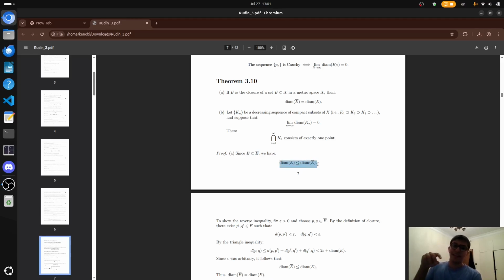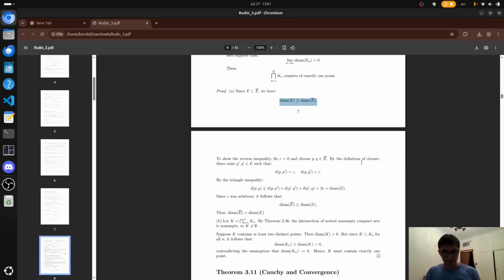The other way is that you're going to say, okay, we have some limit points within epsilon, sure, let's add them together. It's still going to be the diameter of E plus some sort of epsilon expression. And we know that epsilon expression goes to 0, so we're just going to be left with the same thing, which is basically what we're doing here.